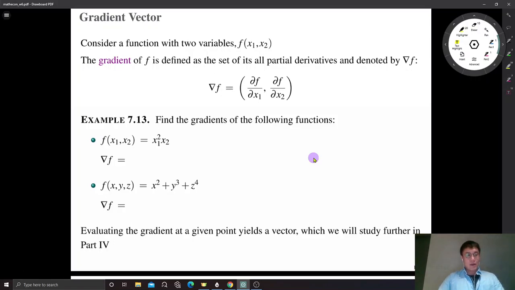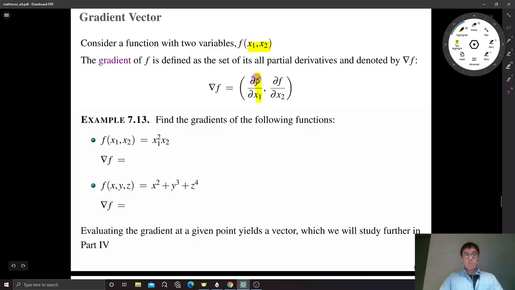And finally, there's one more topic in chapter 7, the gradient. So the gradient is nothing but the set of partial derivatives. Okay, so suppose that we have a function f depending on 2 variables. Then we can compute the partial with respect to x1.